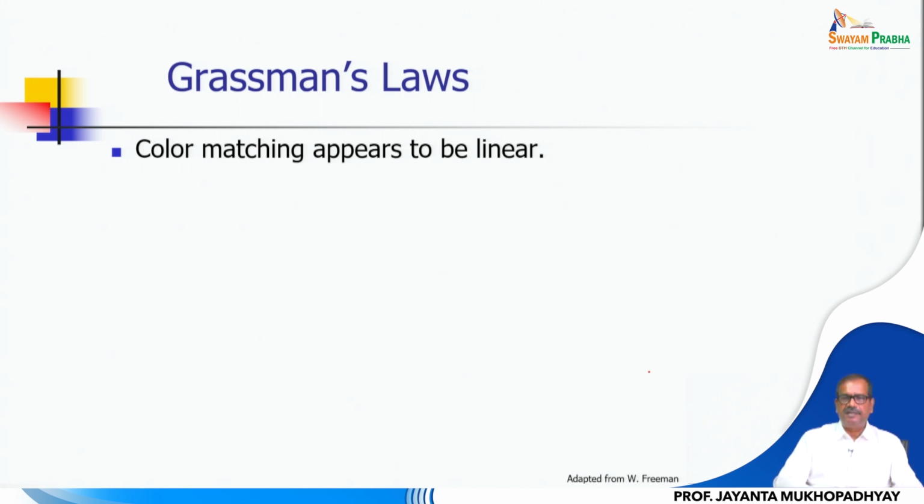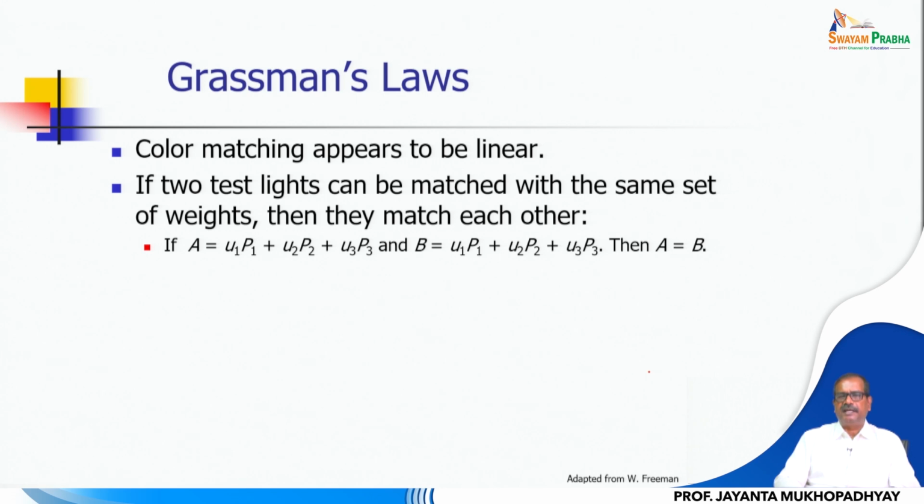This means that if we have two color signals, each with its own three primary components, and we add those component-wise and mix them, it will generate the same sensation as if you superimpose those two colors. So that is the one part.